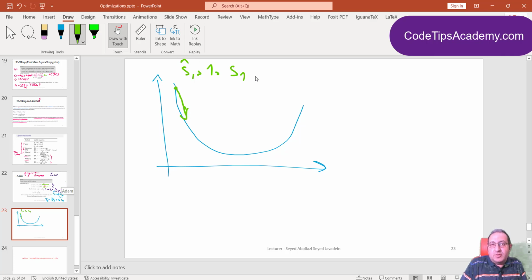We have S1 tilde 10-fold S1 and R1 tilde 10-fold R1. Amazing.